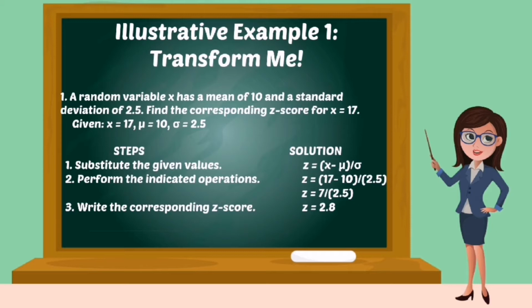First is to substitute the values in our formula. So we have z is equal to 17 minus 10 over 2.5. Then perform the indicated operations. Then simplify. So we have z is equal to 7 over 2.5 or 2.8.